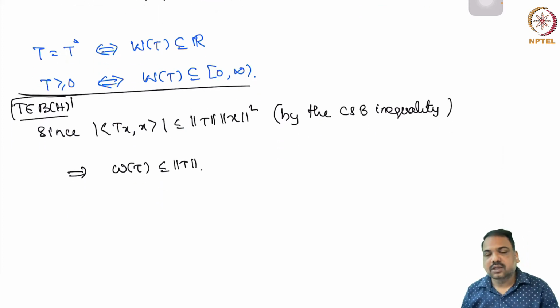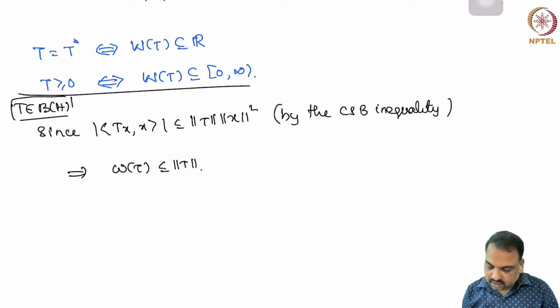Okay, now what can we say about the other way inequality? What can we say about the norm of T and omega of T in the other direction? That means we know that omega T is less than or equal to norm T. Can we say the other way inequality is true?